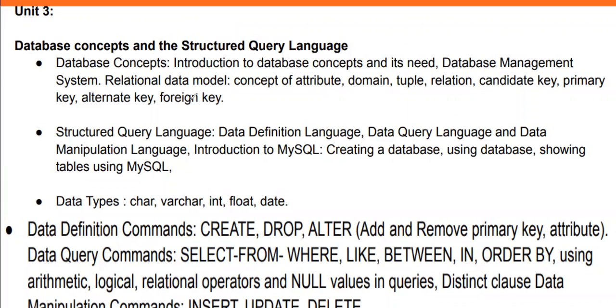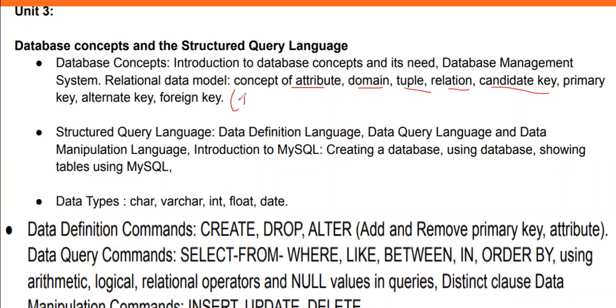Here the first one is database concepts: introduction to database concepts and its need, database management system, relational data model. Under that, we have the concepts of attribute, domain, tuple, relation, candidate key, primary key, alternate key, foreign key.